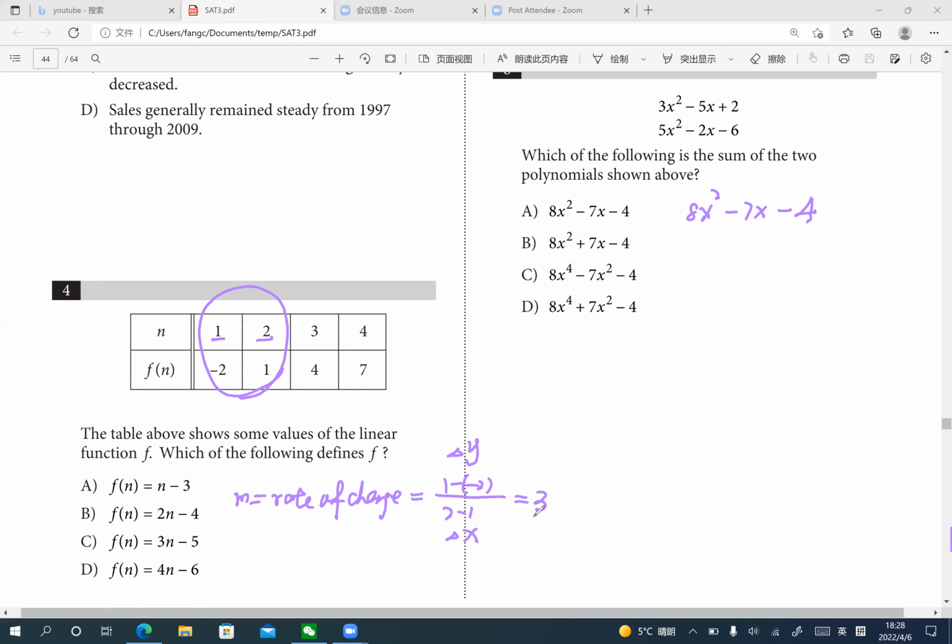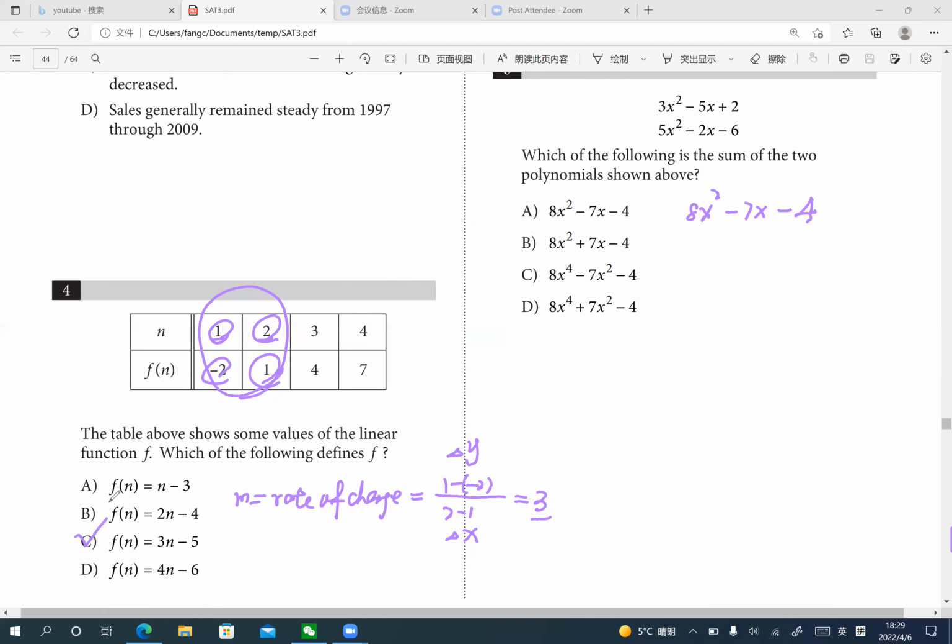Then we find that the rate of change is 3, which means whenever n increases 1 unit, f of n increases 3 units. Among the 4 options, only option C has a slope of 3. So we should choose option C.